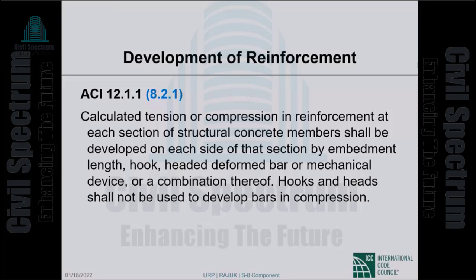It is developed by embedment length, hook, headed deformed bar or mechanical device, or a combination thereof. One way or the other, you have to develop the full stress. Now, if it is a beam, you are in the middle of the beam, there is plenty of reinforcement on two sides, development is automatic.